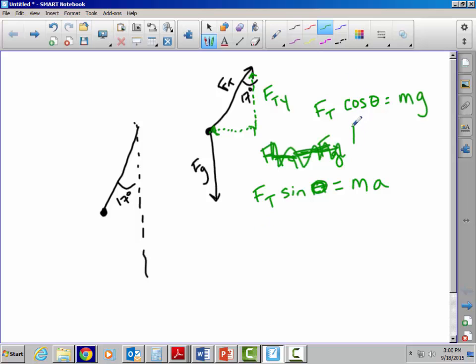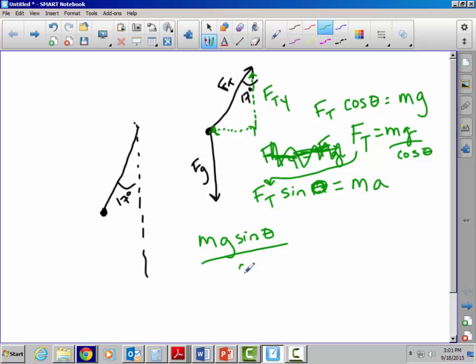So here, my force of tension could be equal to mg over cosine theta. So I can do a little equation substitution here and plug that in there. So I get mg sine theta over cosine theta equals ma. And now I'm going to have a mass on both sides, so those just end up canceling out.